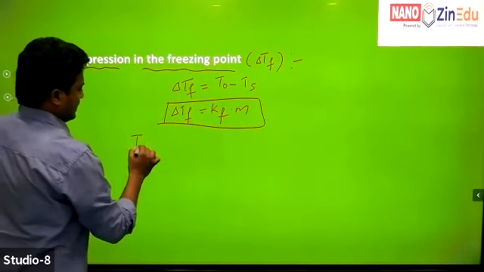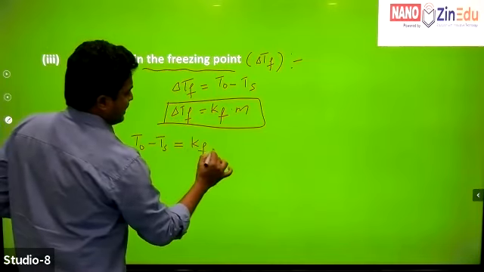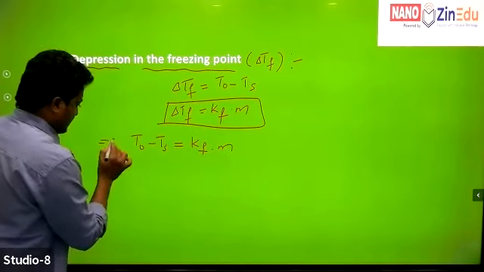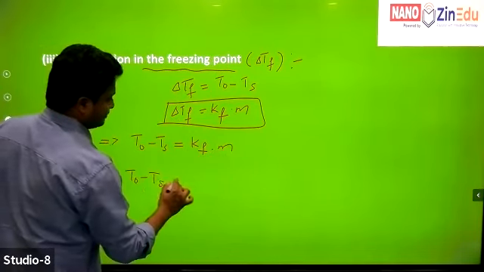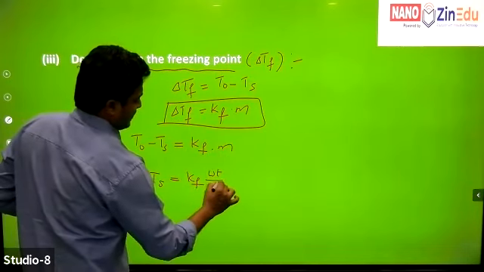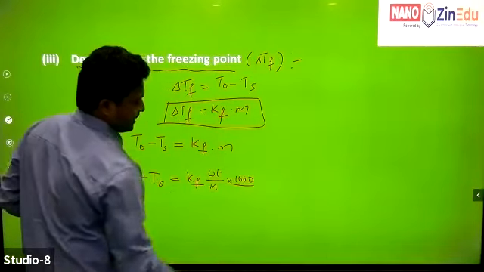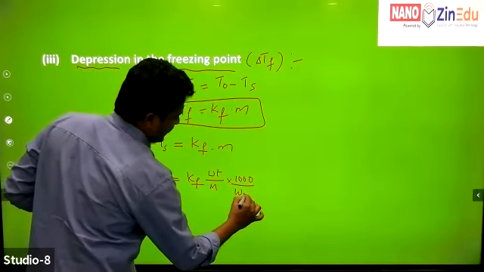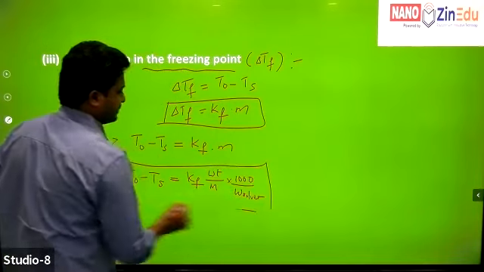Yes. T0 minus TS is equal to KF into molality. Now expand the formula of molality: KF into weight of solute by molecular weight of solute into 1000 by weight of solvent. This is the weight of solvent. Copy up to here.